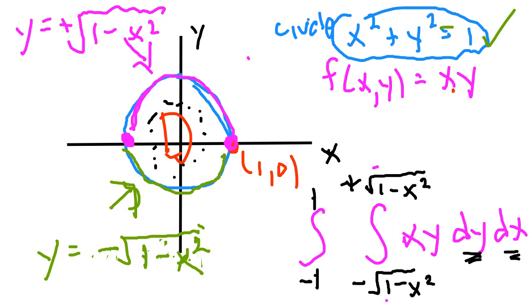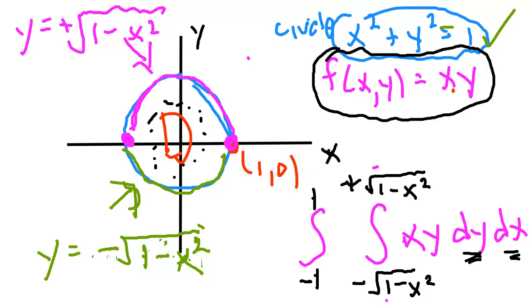And this is acceptable, like if you were trying to find the volume between this surface, f of x, y equals xy, and the xy plane over this region D, the volume would be this double integral.